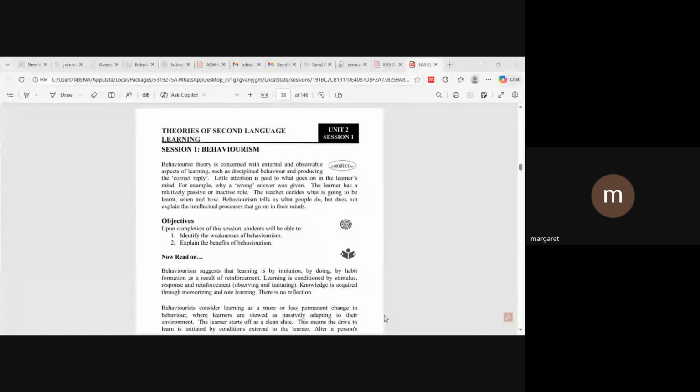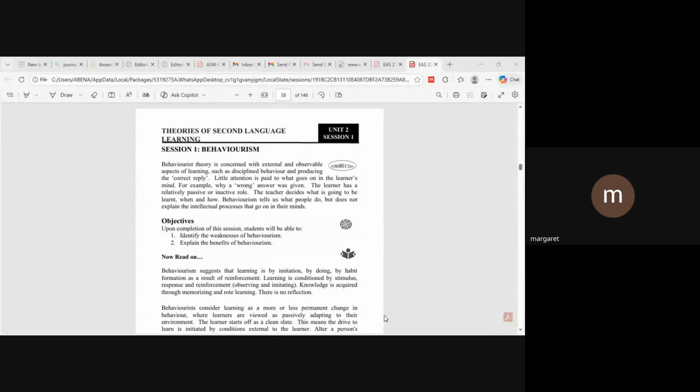But on their own, they don't have any inbuilt structure that will help them to learn the language. So then in this sense, the learner is very passive. The learner is a passive receiver of whatever the teacher gives him, because it is believed from this theoretical perspective that the learner cannot produce the output unless he's given the input by the teacher or by the instructor.